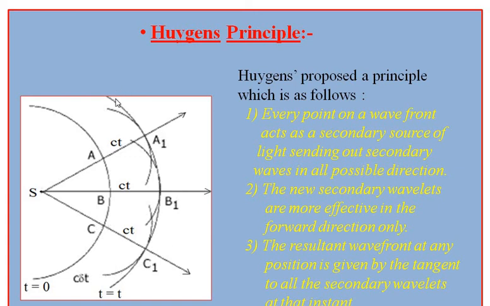If we draw the tangential surface to all these wavelets, we get the secondary wavefront after some time t. This is the Huygens principle.